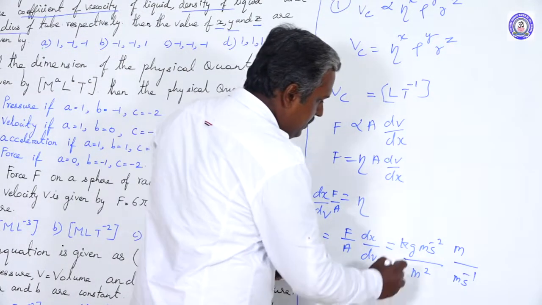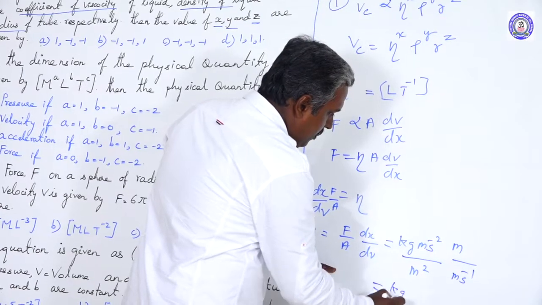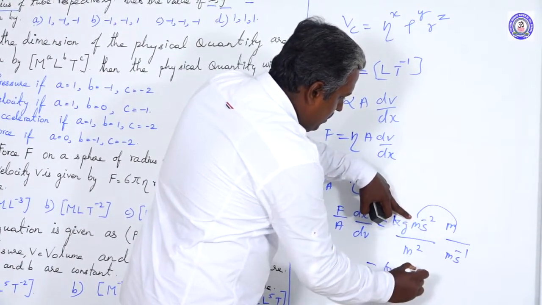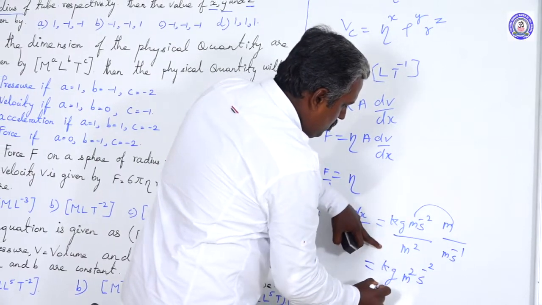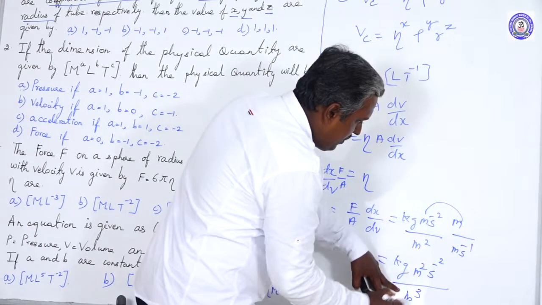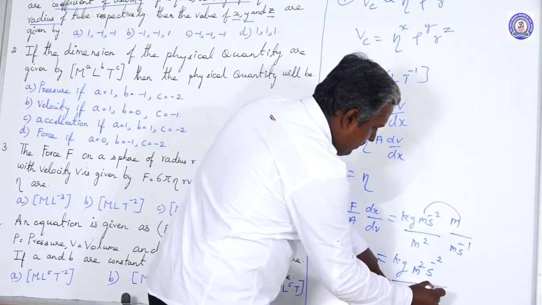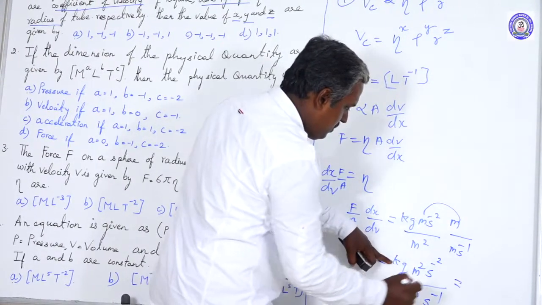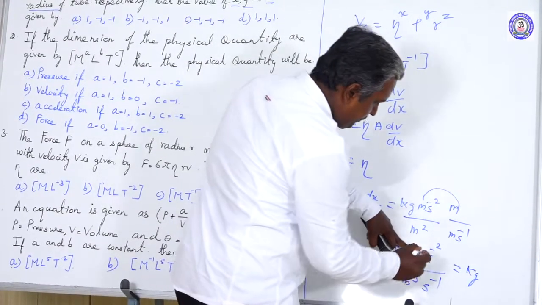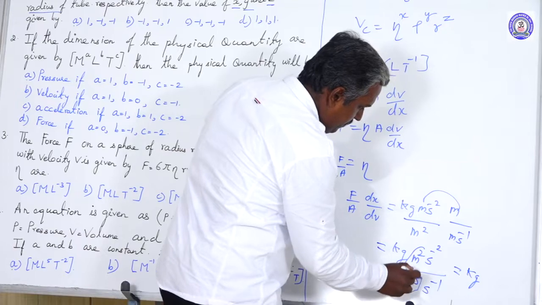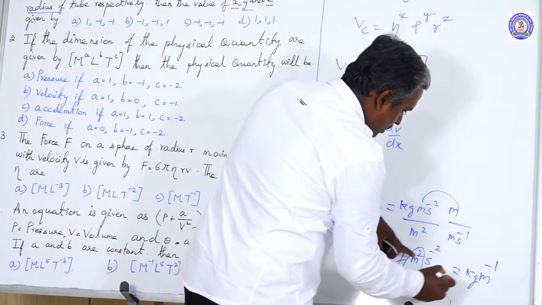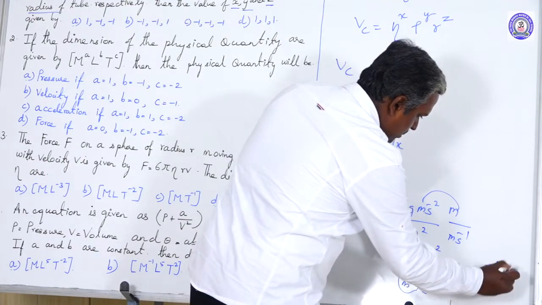So here kilogram meter s power minus 2 by m power 3 s power minus 1. From this, kilogram m power minus 1 s power minus 1.